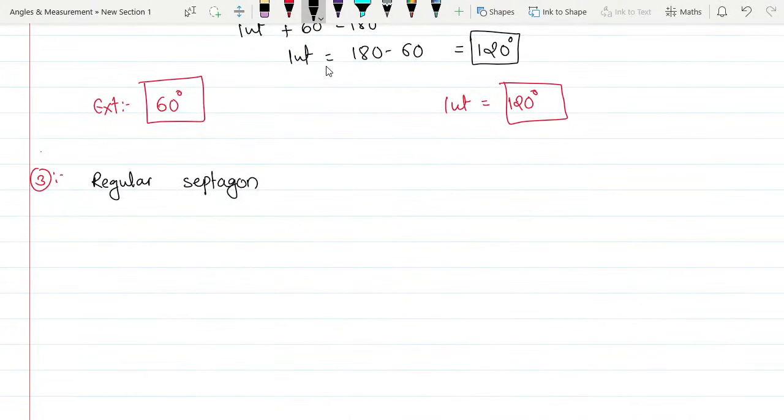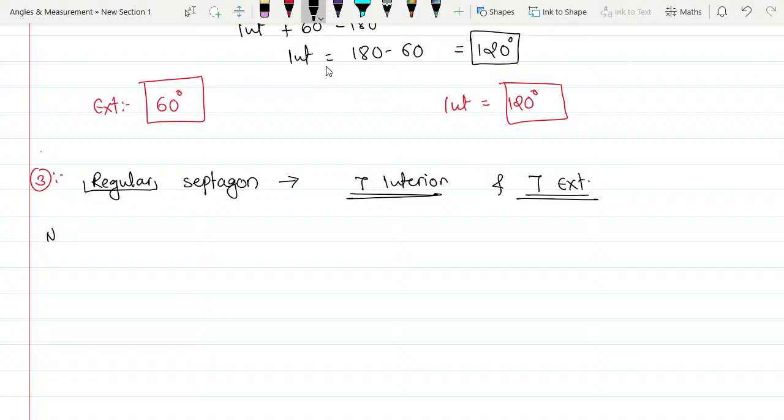You will find there are 7 interior and 7 exterior angles. And as it is regular, all the 7 interior angles are the same and all the 7 exterior angles will be the same. Now I am drawing without a figure; I will try to solve this without a figure.